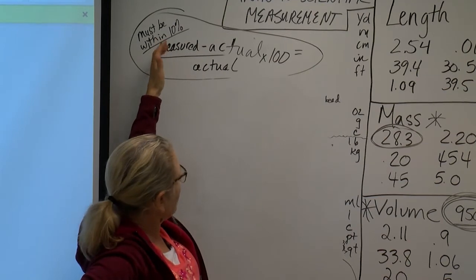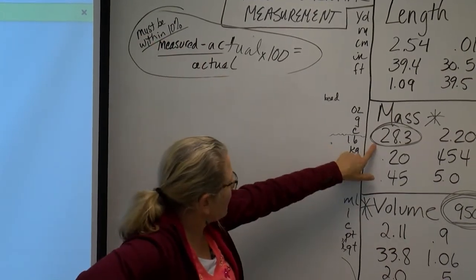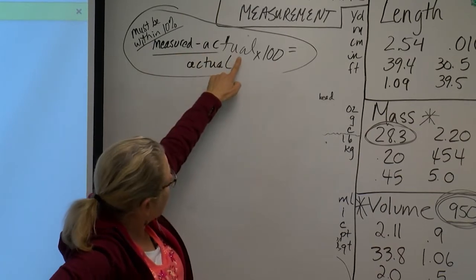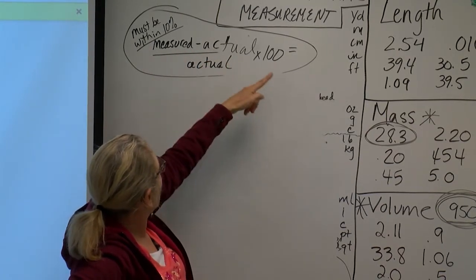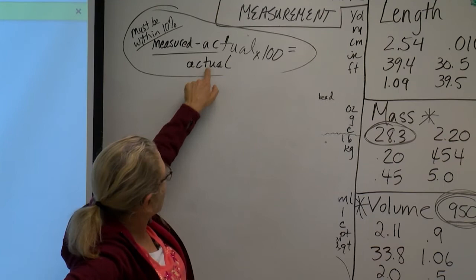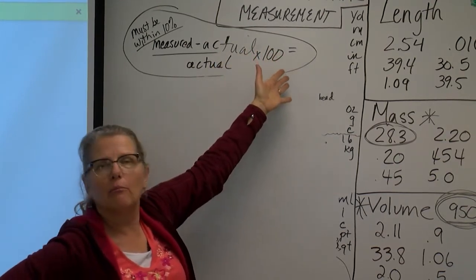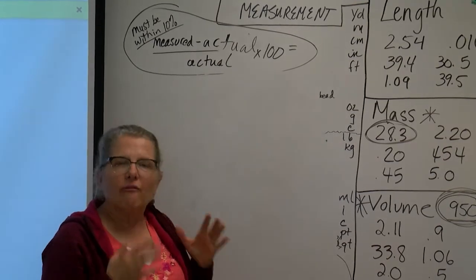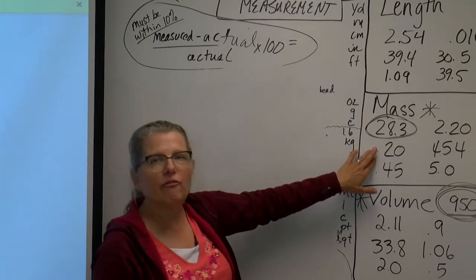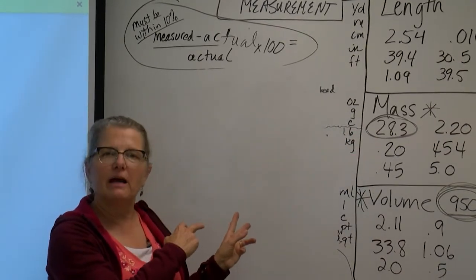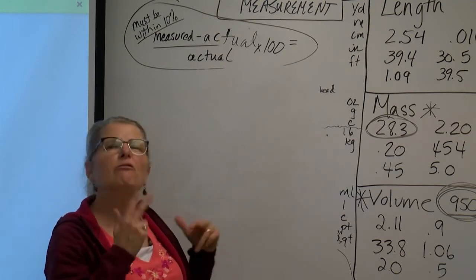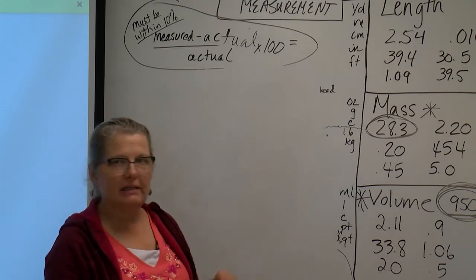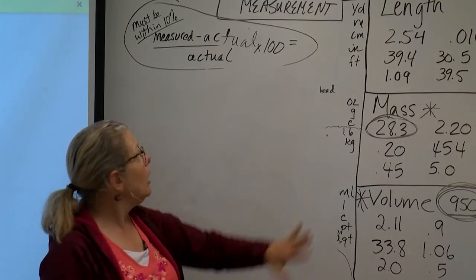So let's say for this one we had, let's just pretend it was like 26.2 minus 28.3 over 28.3 times 100. And if that number was like 4.3, we know we're within 10%. If you have a number that's kind of far off, just make sure it's within that 10%. If you're looking for the A on the lab, okay? And make sure you pay attention to significant figures too.